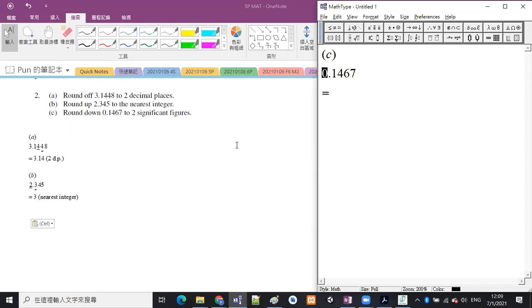This is not significant. Okay, but the next number is 1. It is non-zero, and it is the first significant figure. And then the next one is 4. It is the second significant figure. Okay, and we need to round down to 2 significant figures. So this number should be the single underlined number.